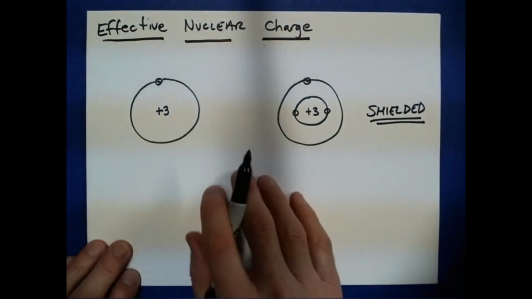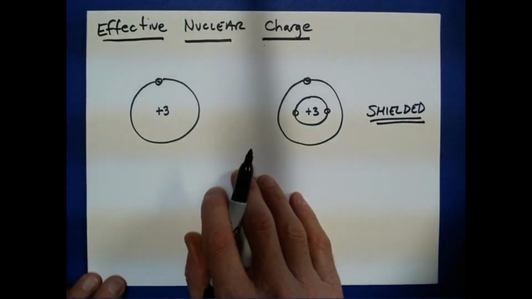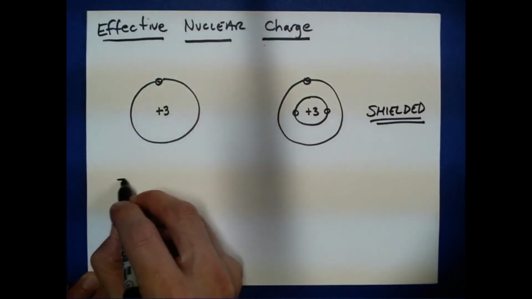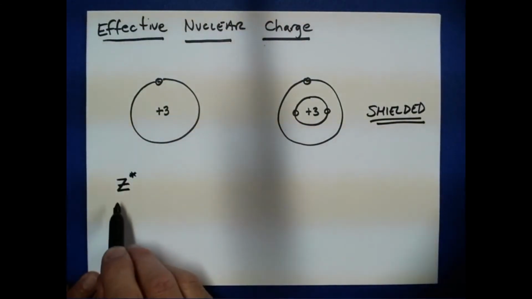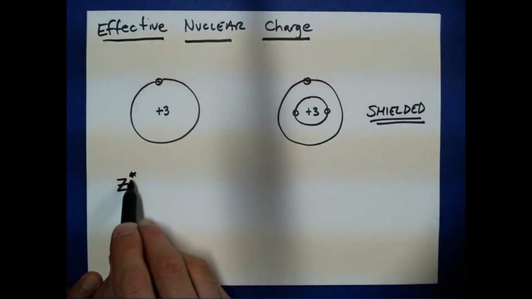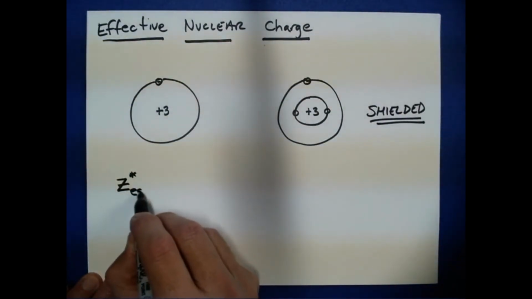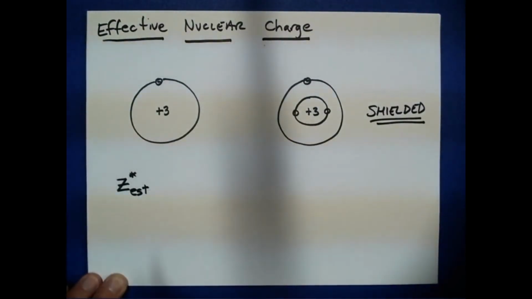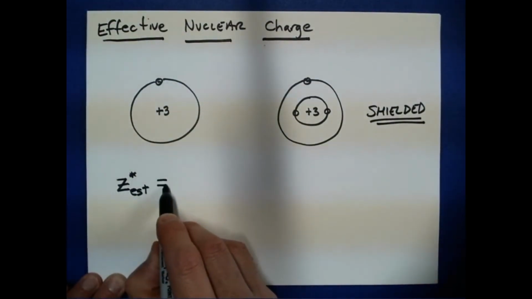And we're going to estimate the effective nuclear charge in this class with this particular equation. The effective nuclear charge is usually designated with a Z and an asterisk, and we're going to estimate what that is. We're not going to use the real specific details of doing so, but we're going to use an estimate that works fairly well.